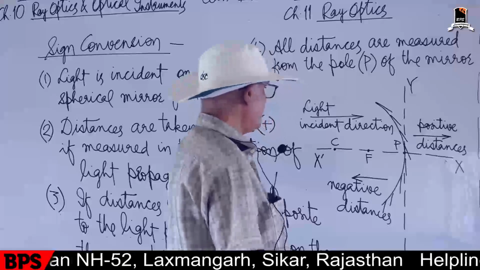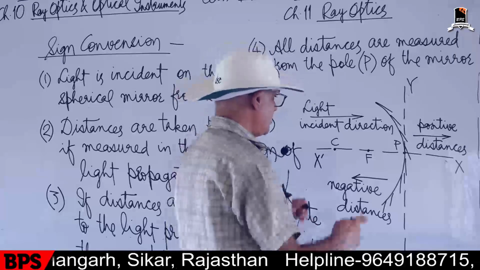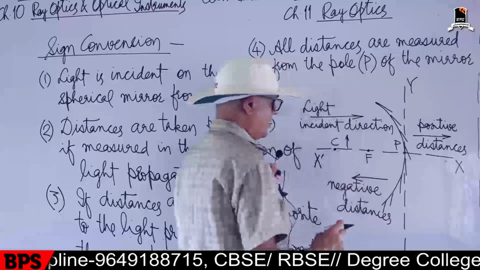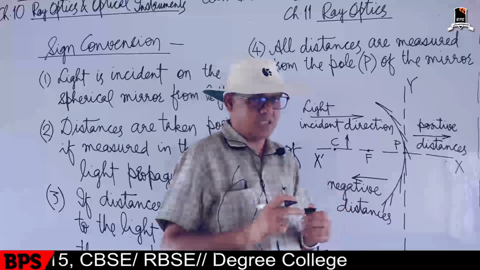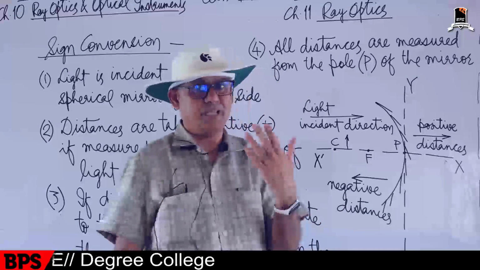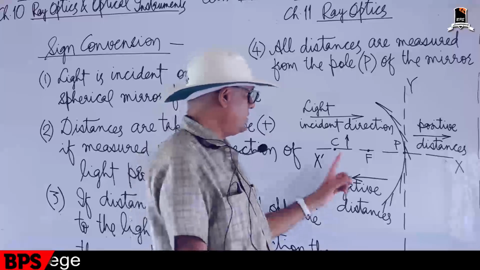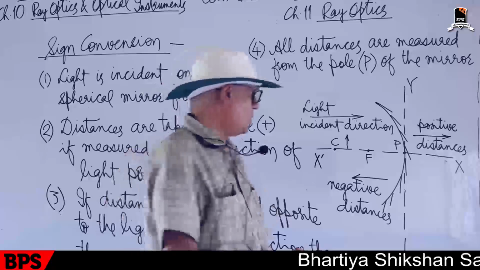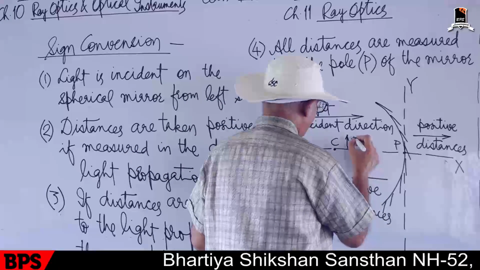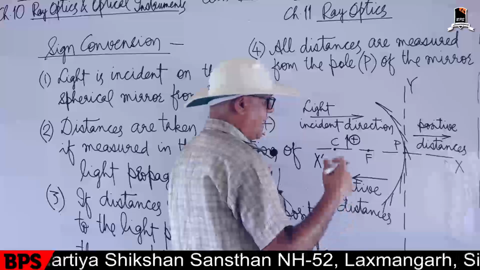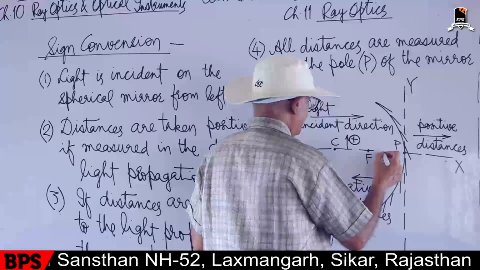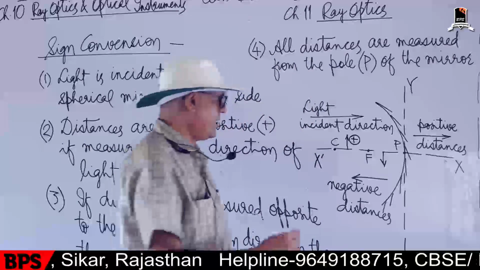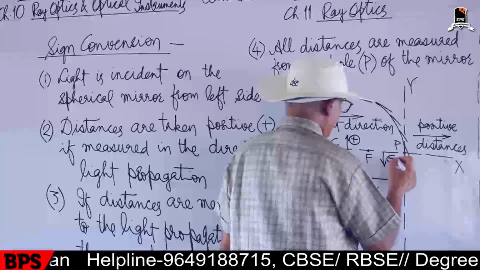Now if any distance is perpendicular to the principal axis and it is upwards, then it is taken as positive. So these distances are positive distances, and if any distance is measured downwards and perpendicular to the principal axis, then that distance is taken as negative.